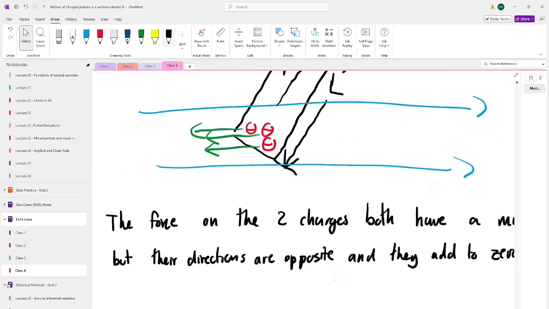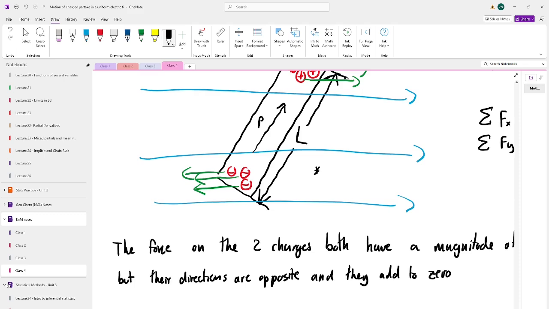And maybe I'll write a note about the rotation. So this tends to rotate. So there is a net torque.